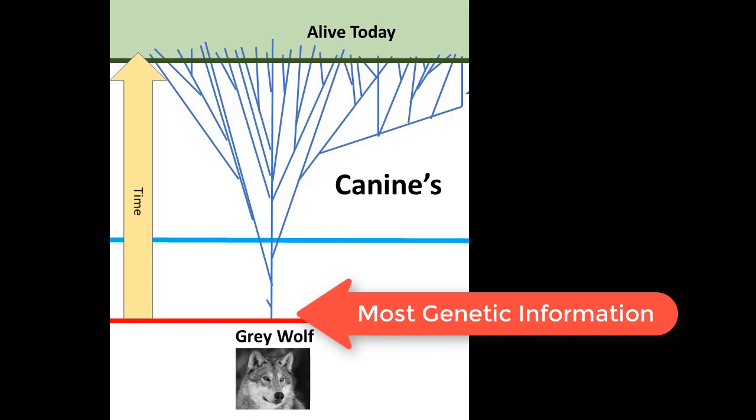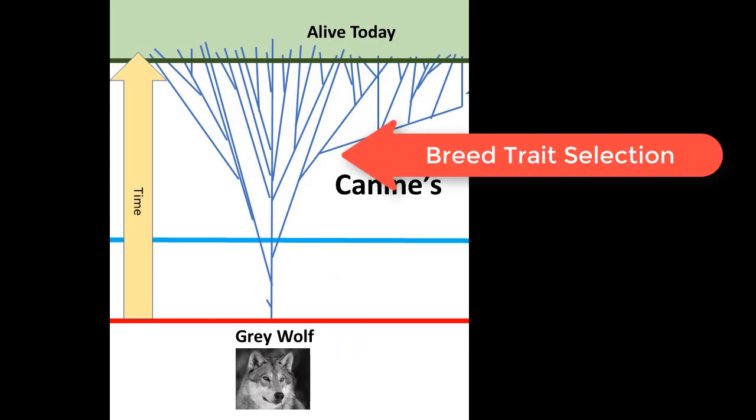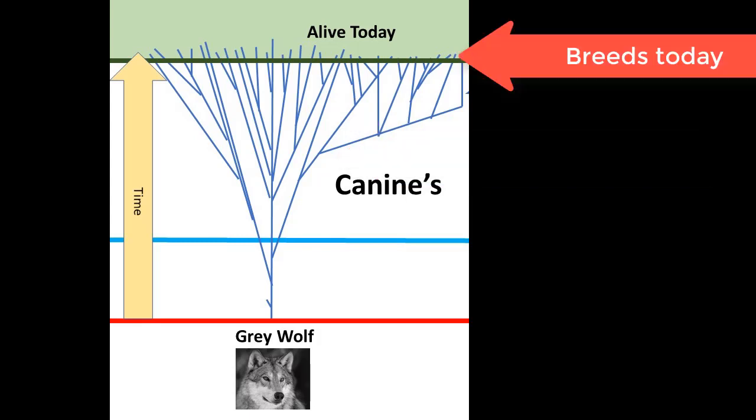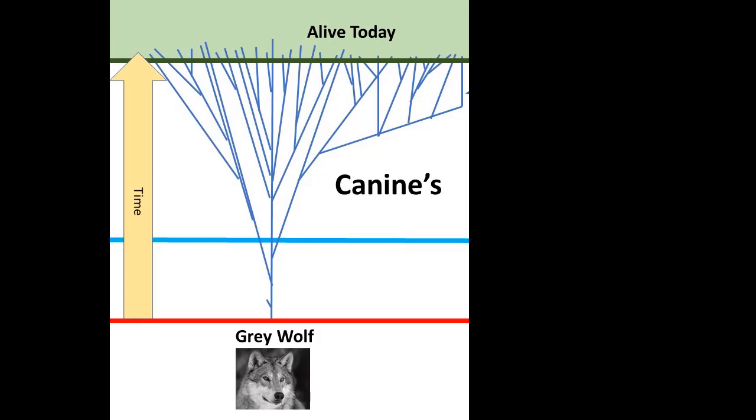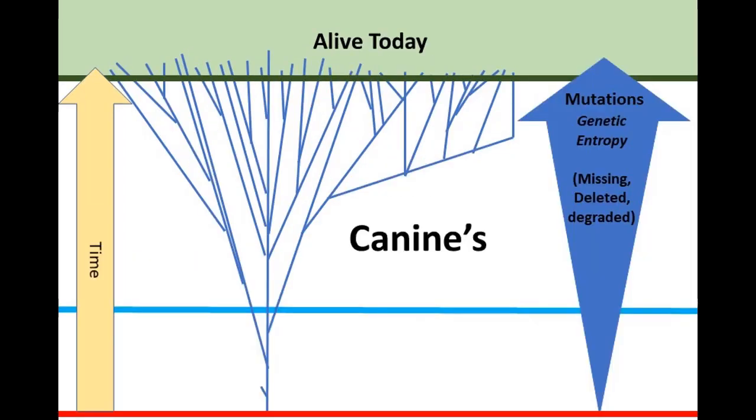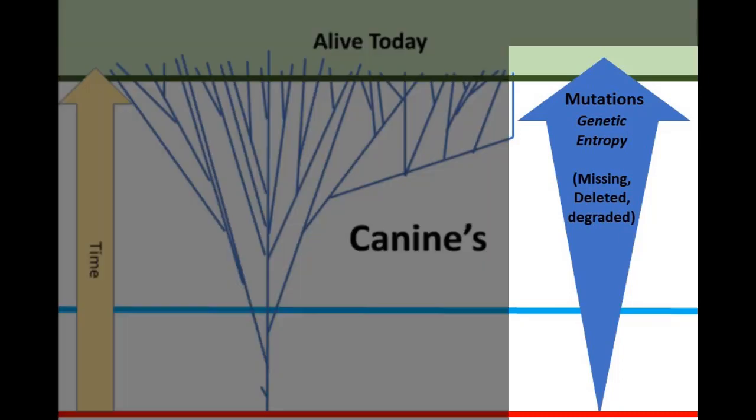And then what happens as you breed the dogs to isolate certain characteristics to gain the various breeds that we see today, is you isolate or remove certain types of information from the DNA to cause the breeds to go from gray wolf to German Shepherd to Poodle to Chihuahua. And as you do this, mutations or loss of information increase.